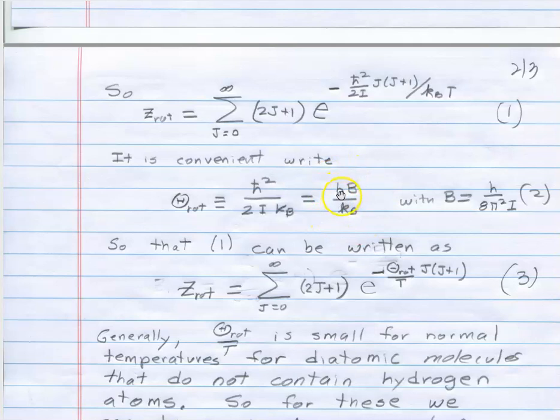They'll pull out a factor h and then define this quantity b as h b over kb, where kb is the Boltzmann constant. So that's pretty common as well.